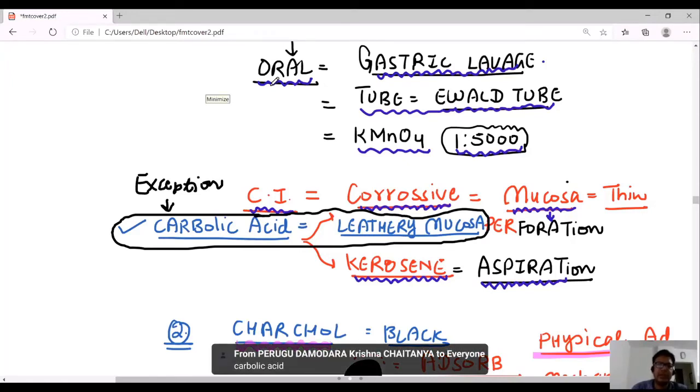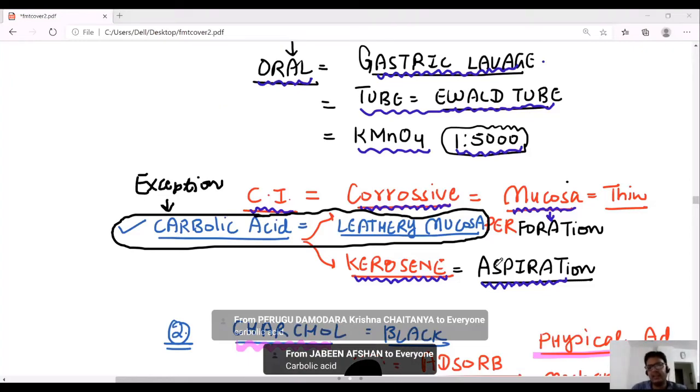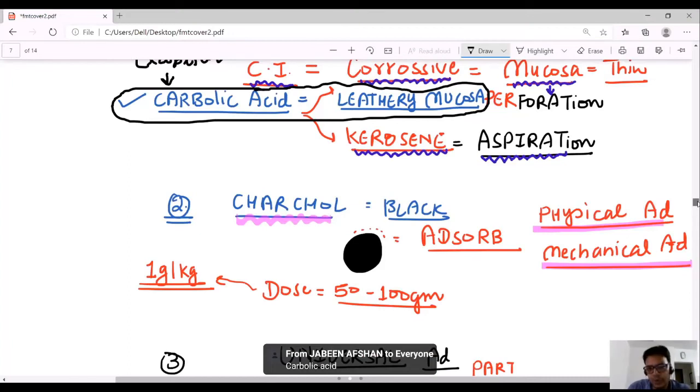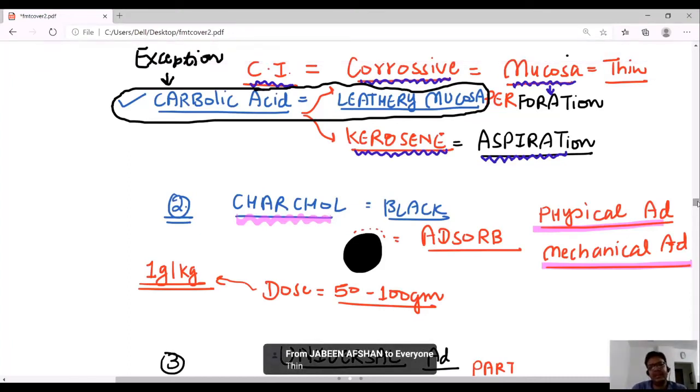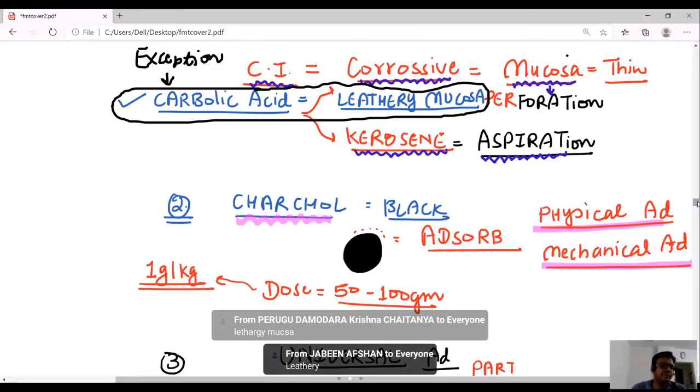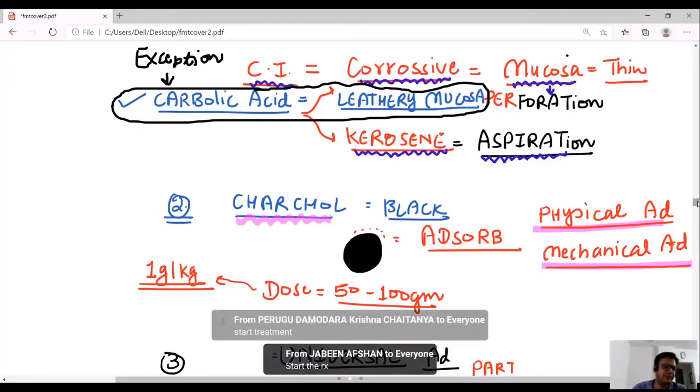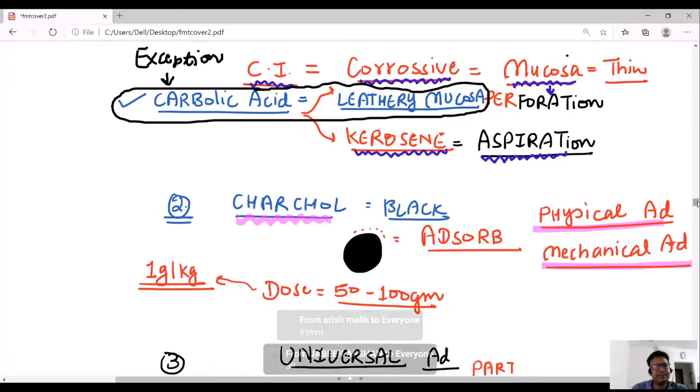Carbolic acid. Why? Mucosa is normal or leathery? Leathery mucosa. What is the doctor's first duty? Start the treatment or inform the police? Information to police comes under which CRPC?